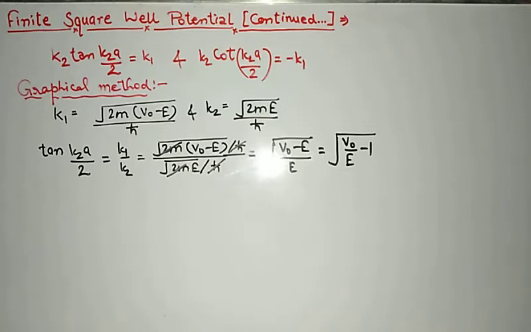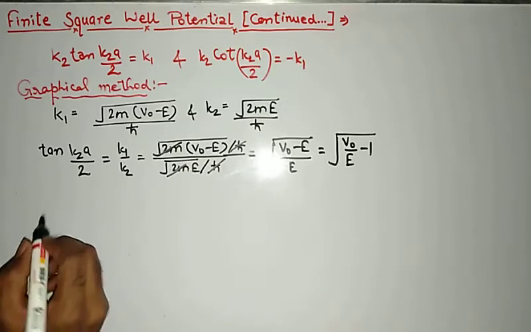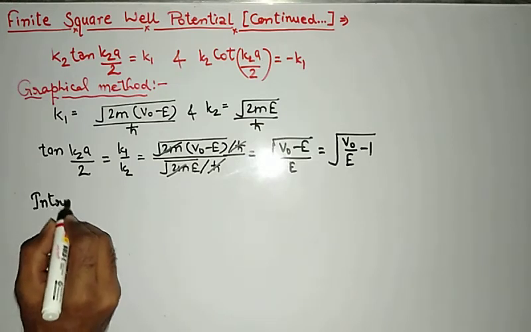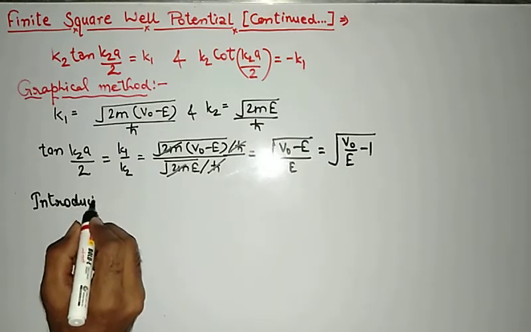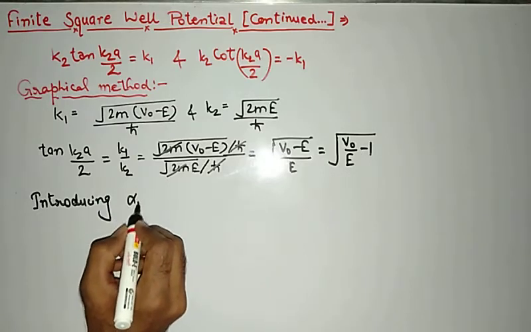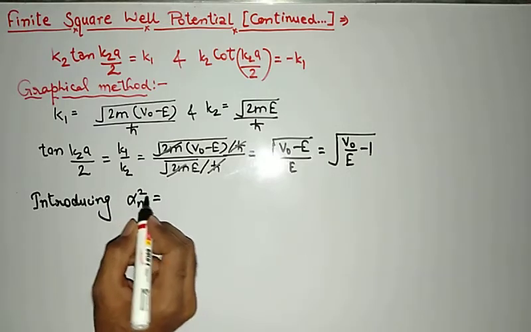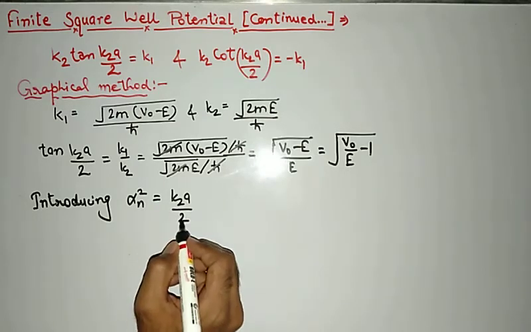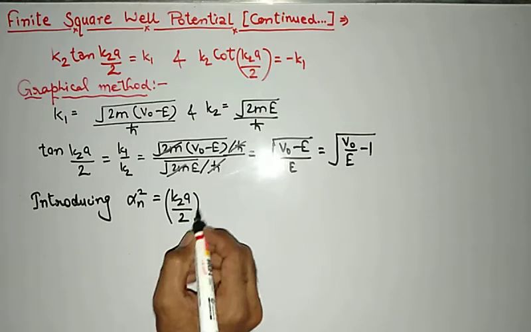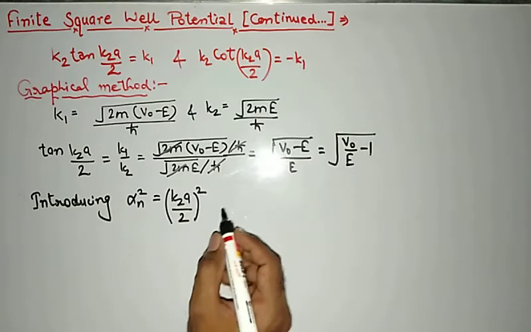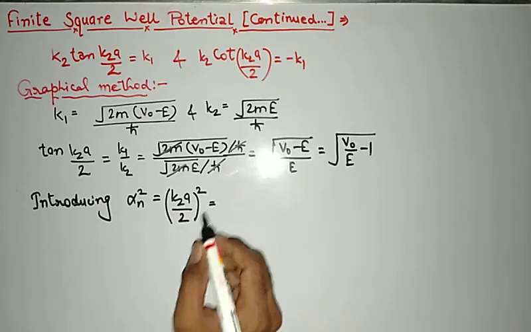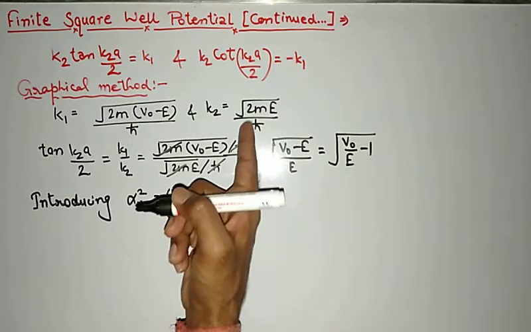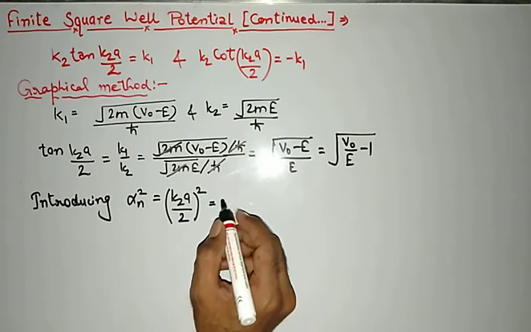Now introduce alpha n square, that is alpha n equal to K2 a by 2. So alpha n square is (K2 a by 2) whole square. Now what is K2? K2 is under root 2mE upon h cut.